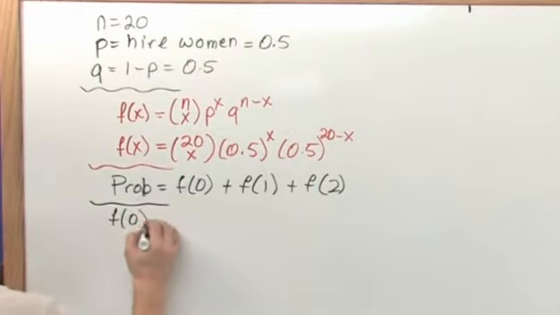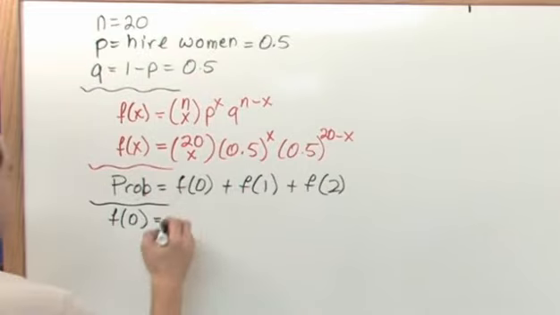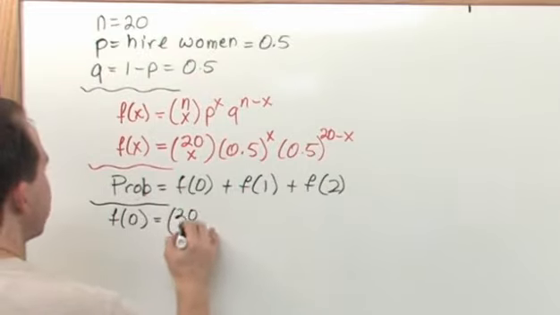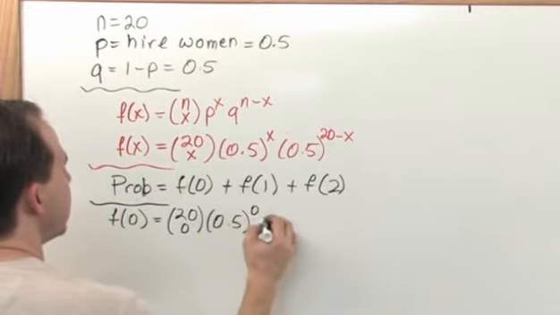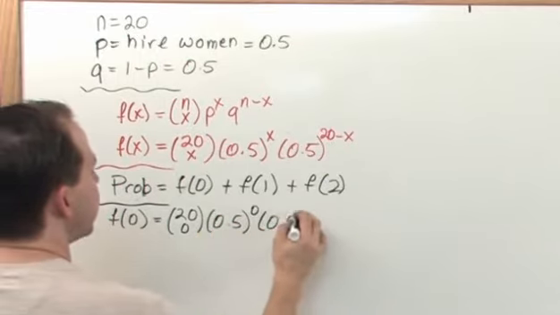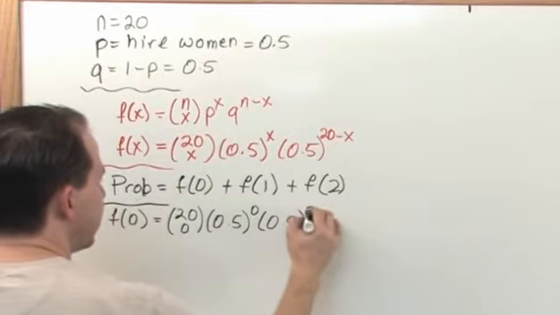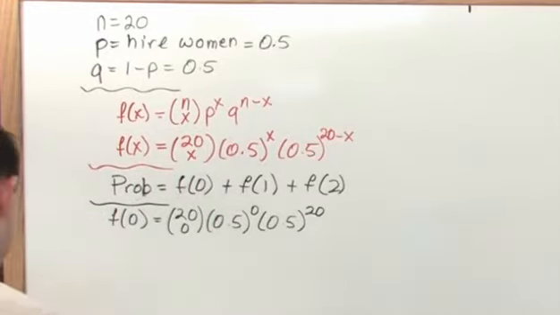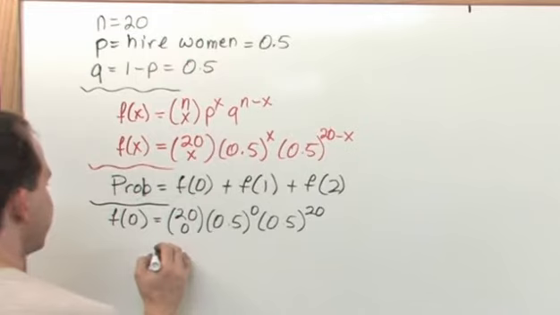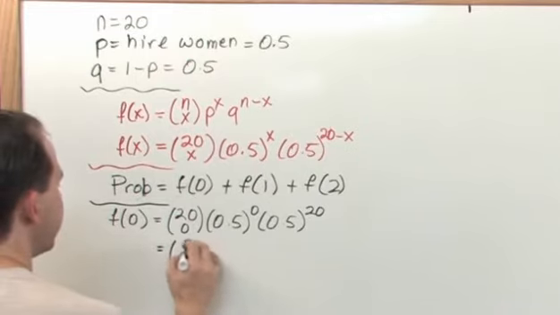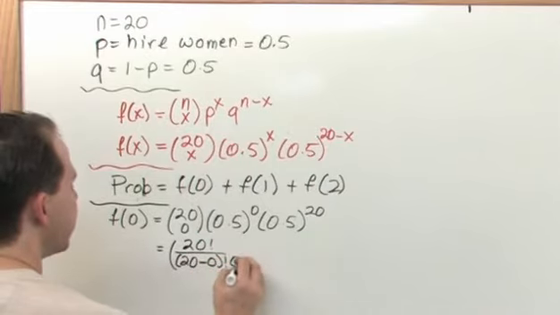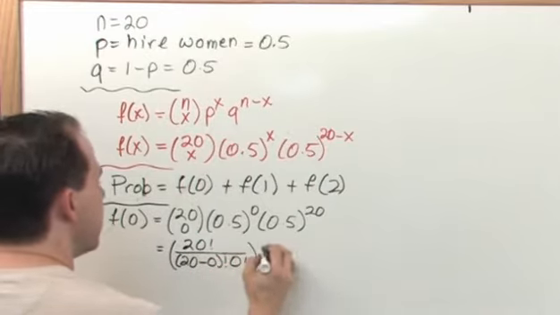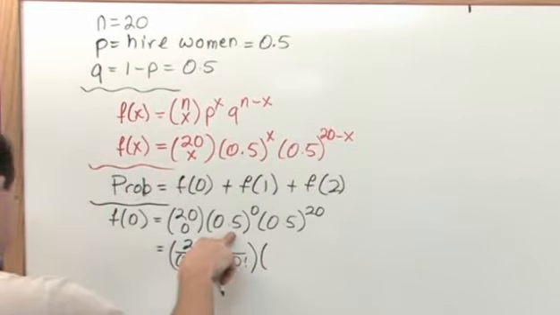The probability that they hire 0 women is going to be 20 choose 0 times 0.5 to the x, which is 0, times 0.5 to the 20 minus x, which is just going to be 20, okay? And you know that this combination here is just going to be 20 factorial over 20 minus 0 factorial times 0 factorial, times 0.5 to the 0.